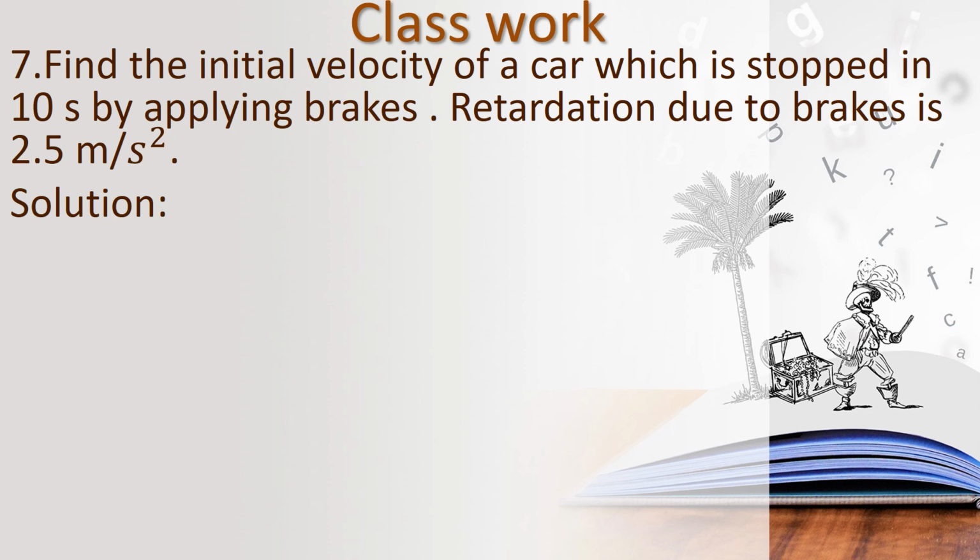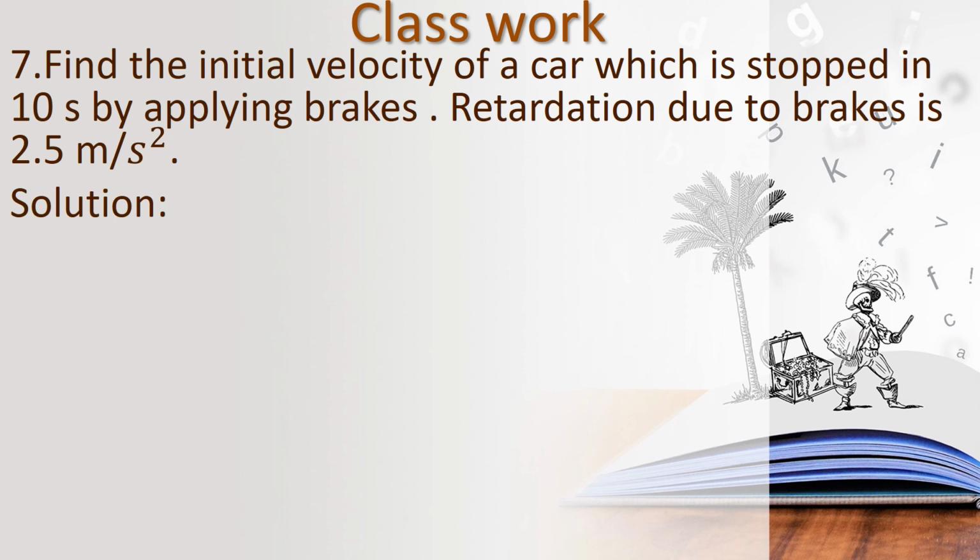The time taken is 10 seconds. What does retardation mean? Negative acceleration. Retardation due to brakes is 2.5 meter per second square, so acceleration equal to minus 2.5 meter per second square.